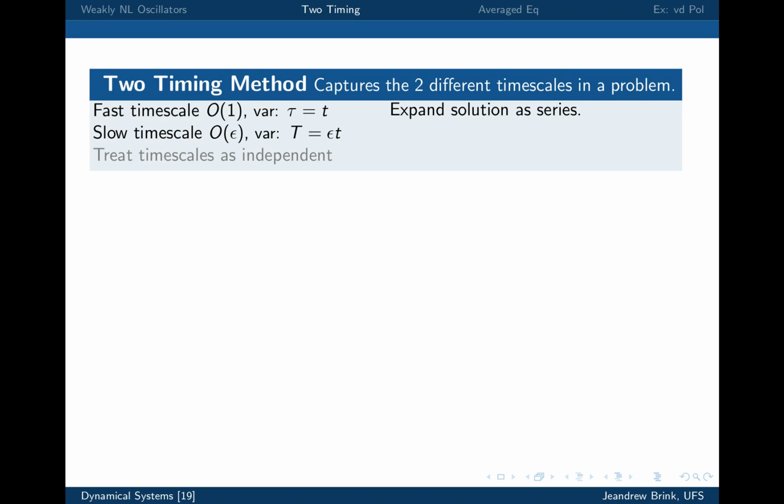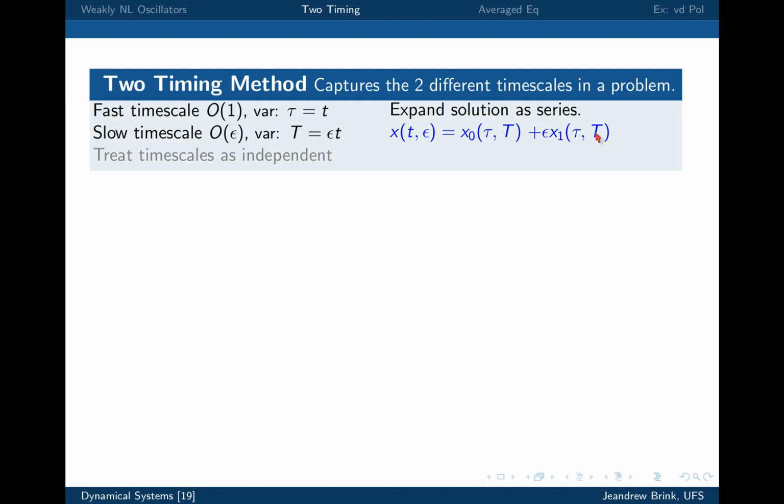You're going to assume your solution is now a function of time and epsilon, so that's general, and it's going to consist of a base solution x0 that has a slow time scale, big T, and a fast time scale, tau. The next order is going to have epsilon times your second solution x1, which is also a function of the slow time scale and the fast time scale.